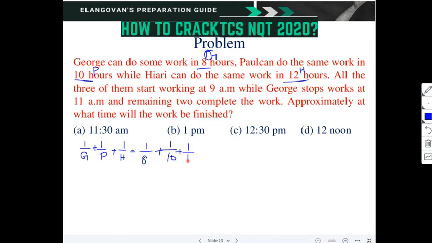So taking the LCM of 8, 10 and 12, what will you get? 12 into 10, 120. Is 120 divisible by 8? Yes, it is divisible by 8. So let me take 120 as the LCM.